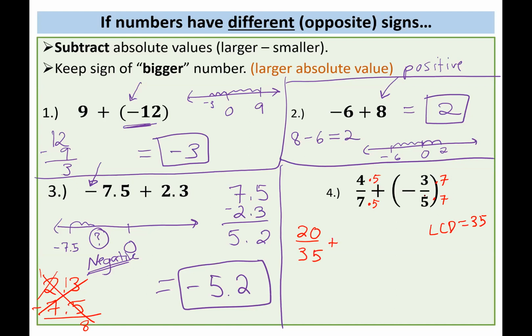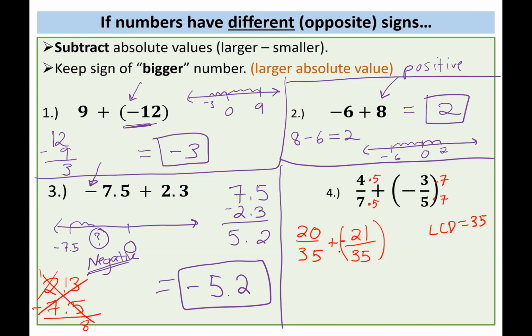For the negative 3/5, if I multiply that by 7 over 7, because 5 times 7 is 35, I'm getting 35 for my denominator, and then 3 times 7 is 21, so I'll get 21 in the numerator. And that one was negative. So take a look at how we've rewritten it. Here's what you should have: 20 over 35 plus negative 21 over 35.